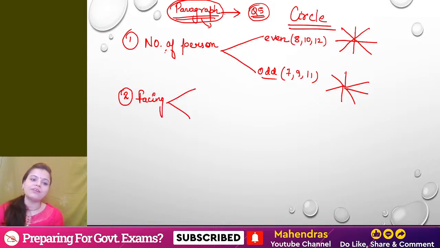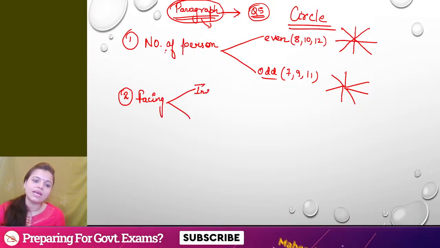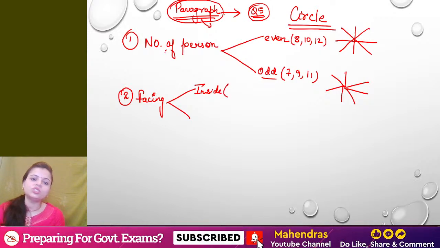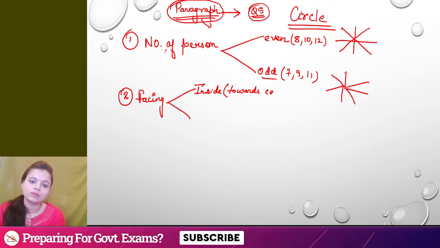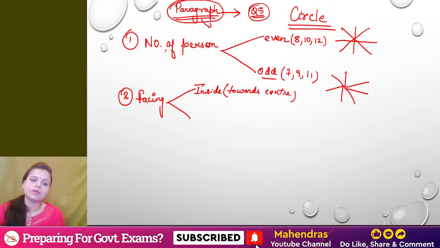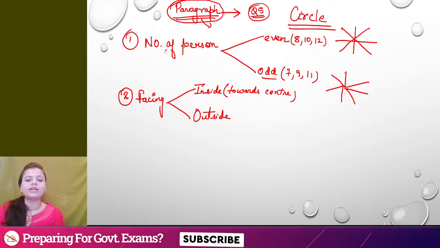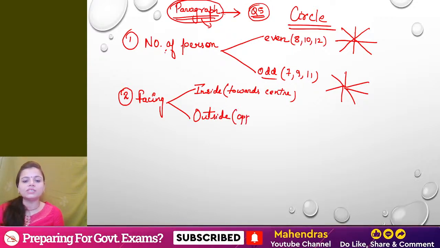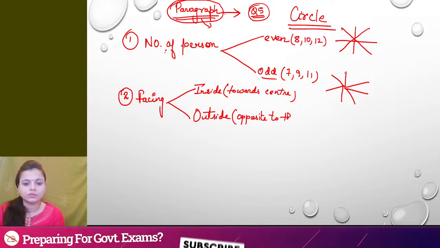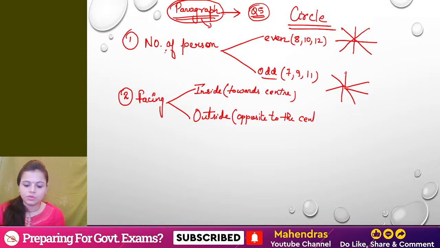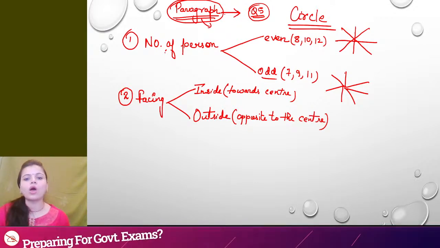The second important point is the facing of the person. Facing may be inside facing. Inside means towards the center. Or outside. Outside means opposite to the center. These are the two types, inside facing or outside facing.